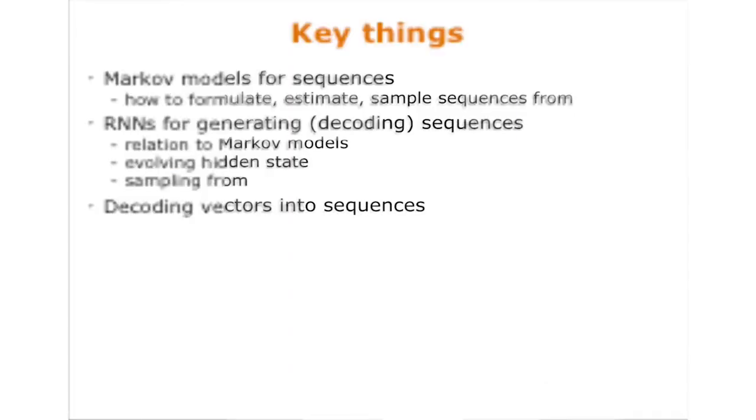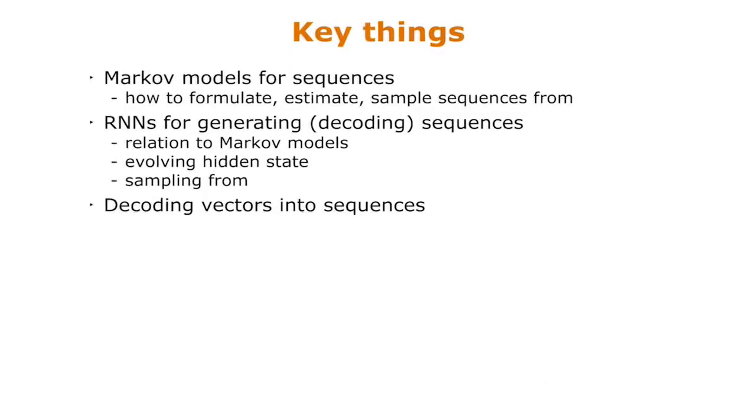So, key things to understand from this lecture are Markov models, what they are, how we formulate them, how we estimate them, how we can sample from them, how we can translate a Markov model into a feed-forward neural network, how we can turn that feed-forward neural network into a recurrent neural network, and thereby unravel a sentence using evolving state from the RNN, at each point predicting what the next word is.